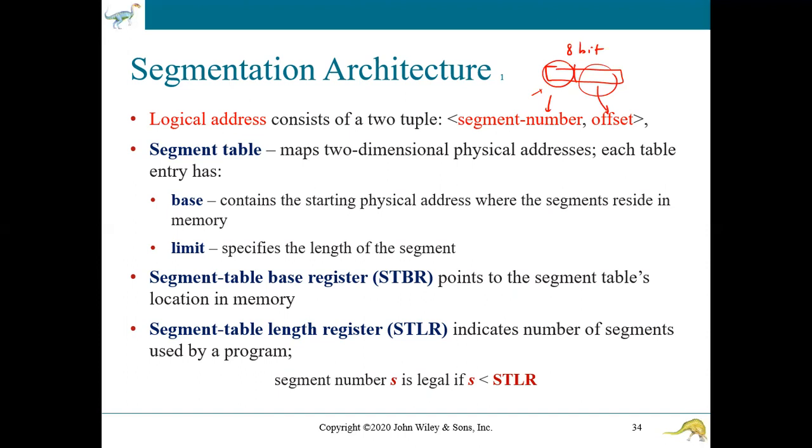So base register is containing the physical address. The limit register is specifying the length of the segment. Okay, segment table base register, segment table length register. Okay, so the segment number should be legal.